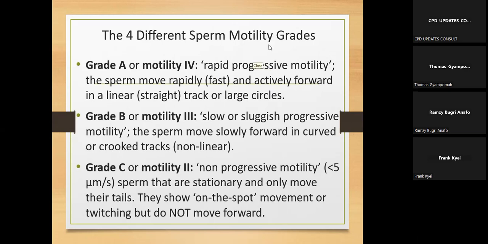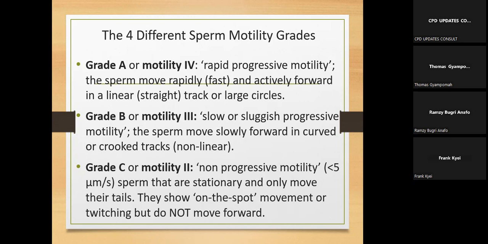So let's move on. Grade A, which is motility 4, is rapid progressive motility, in which case the sperm will move fast forward. Okay, fast, and for that matter, rapid, and then actively forward, being linear, going straight. So no curve, no bend.